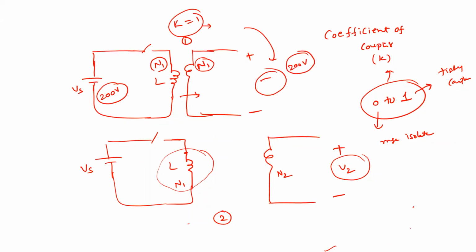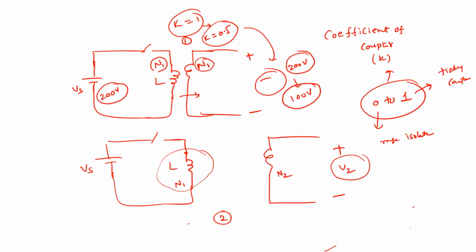Yes, sir. So let us assume that K equals 0.5. Now tell me, how much voltage will it induce? Only 100 volts, right? Yes, sir, 100 volts. That's it, simple.